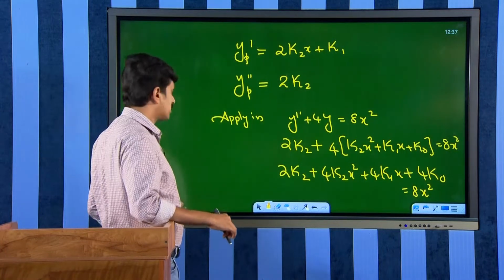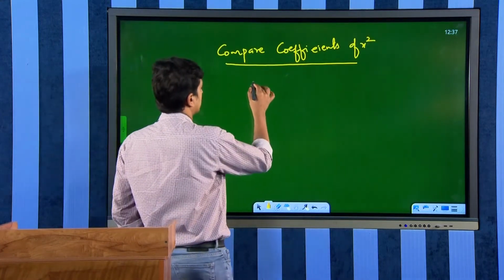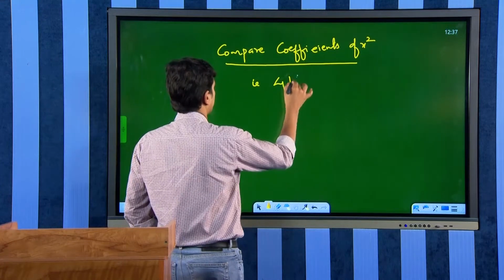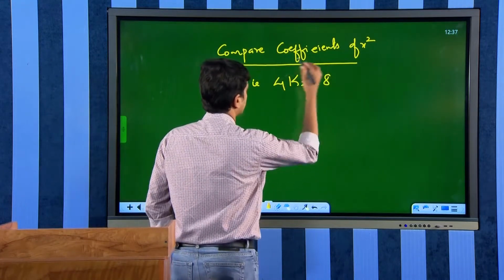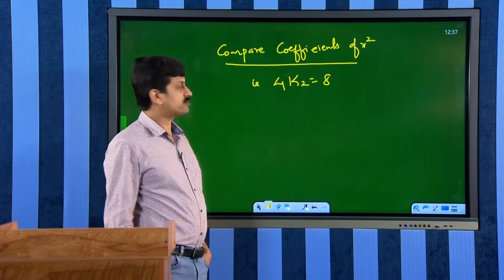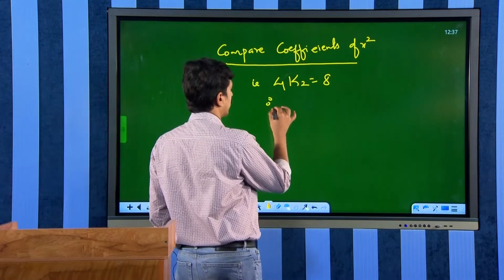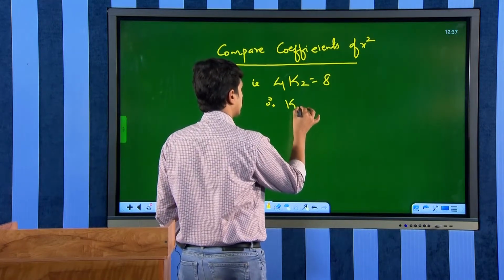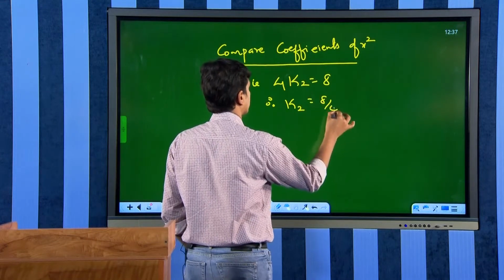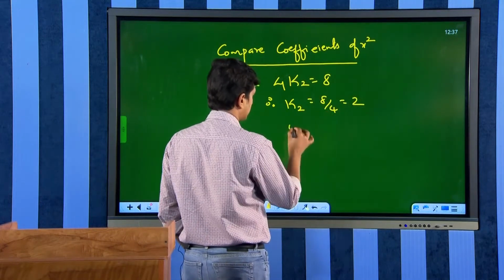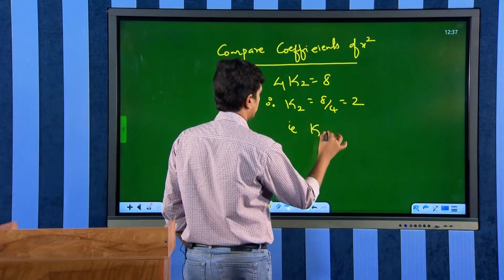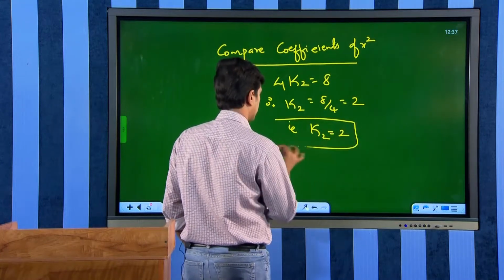So 4k2 is equal to 8. Therefore, k2 is equal to 8 by 4, that is equal to 2. That is, k2 is equal to 2.